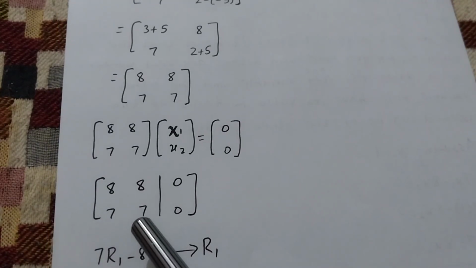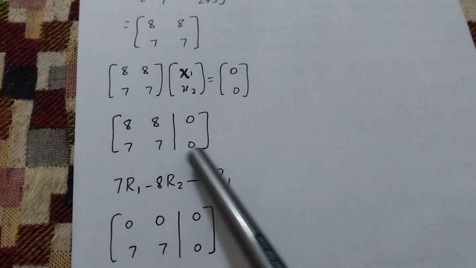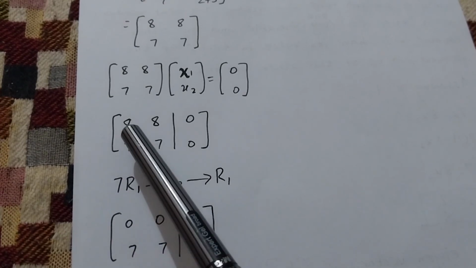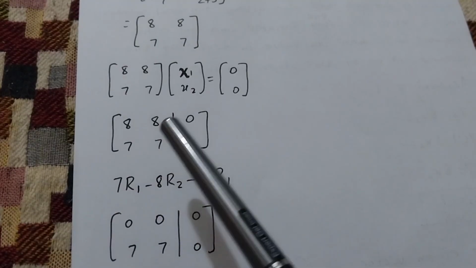So we'll repeat the same procedure. We have this augmented matrix 8 8 7 7 0 0, and we want a 0 row.